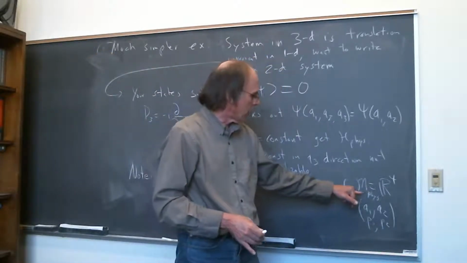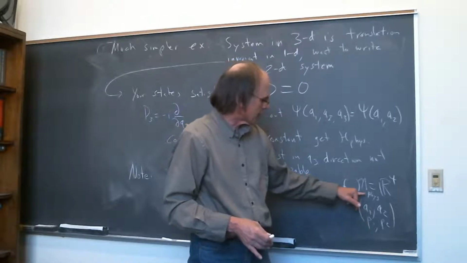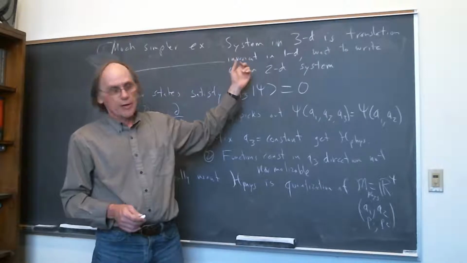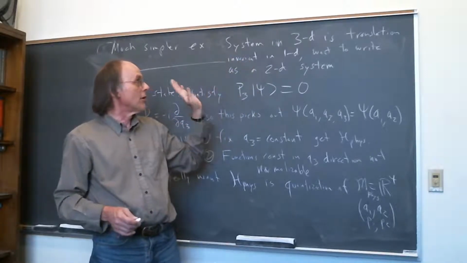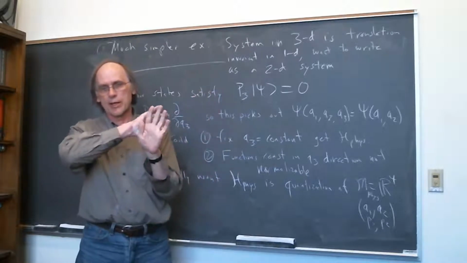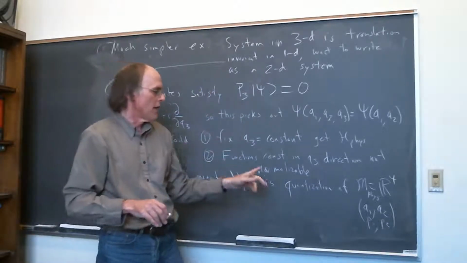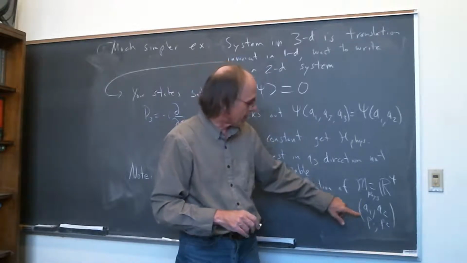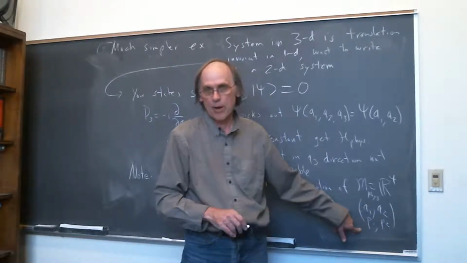But for each one dimension in the group that you're trying to get invariance for, you have to cut the dimension here down by 2, because each degree of freedom has both a Q and a P part.